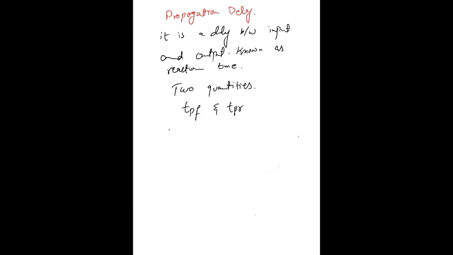TPF implies the time when V out reaches VDD by 2 from VDD, since it's a fall time. And this was TPF, and this we have TPR.